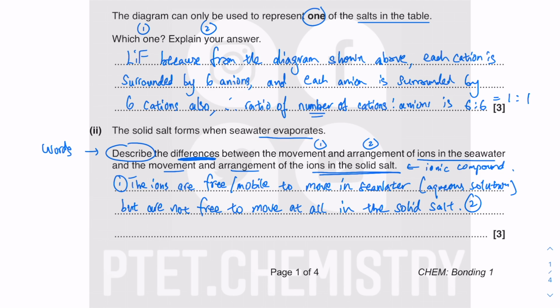Now I need to talk about arrangement. In seawater, the ions are far apart from each other.